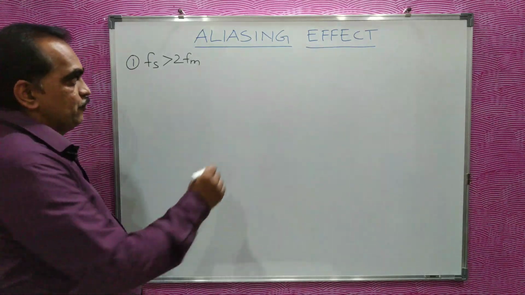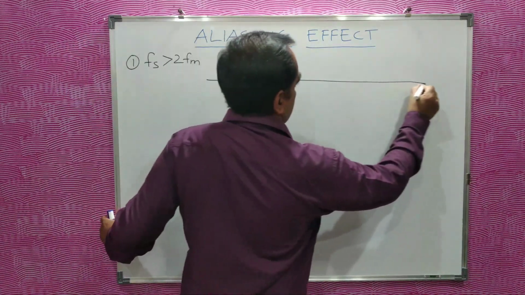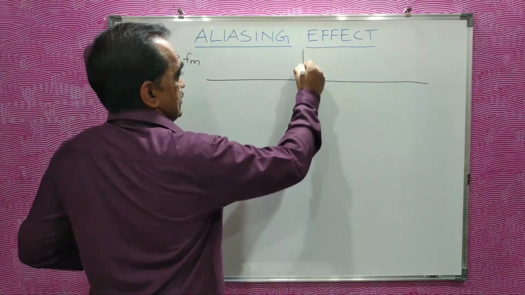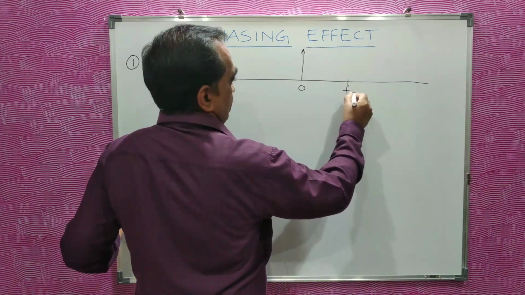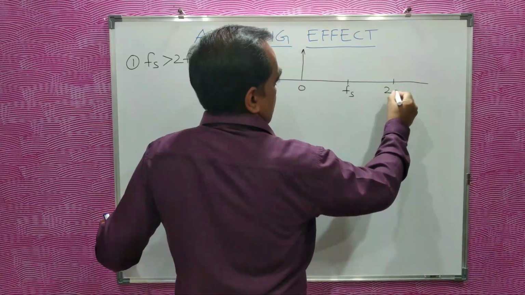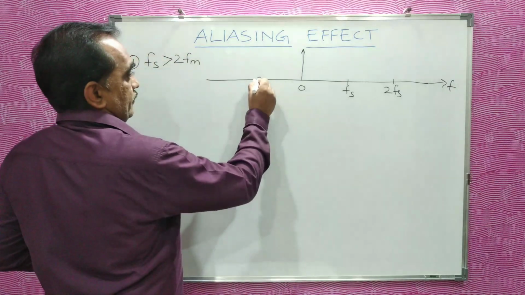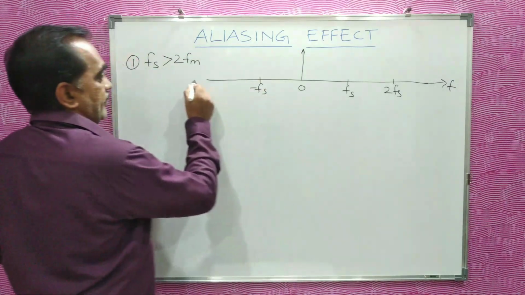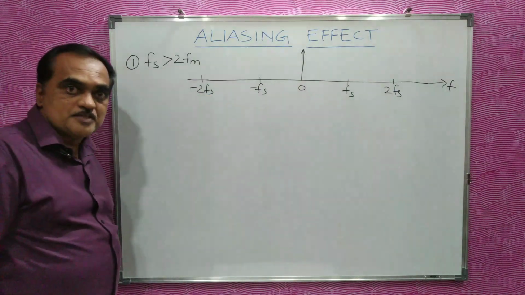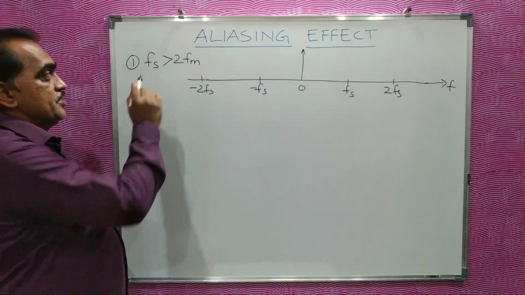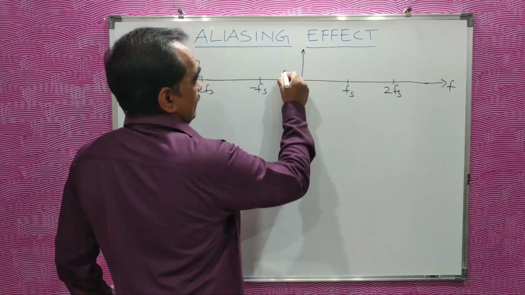If you draw that frequency spectrum, this is the frequency line, this is your zero line, this is the first centered frequency, the second centered frequency, this is minus Fs, and this is minus 2Fs. You can see that it will look like this.